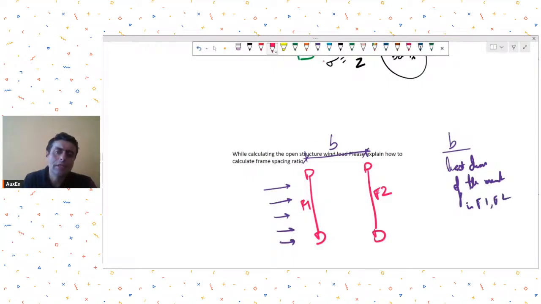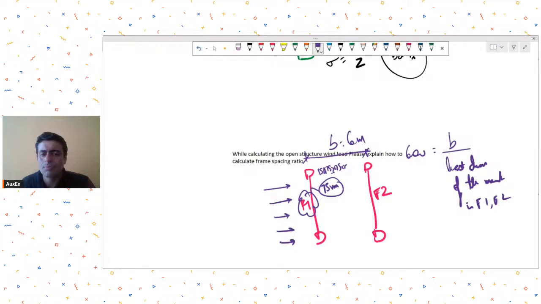So basically, let's say this b was 6 meters, and here I was using members which were having a least dimension of 75 mm. Suppose I was using an angle ISA 75, 75, 6. So 75 becomes my least dimension. So the frame spacing ratio will be this 6 meter divided by this 75.